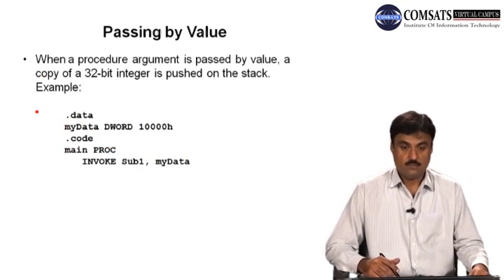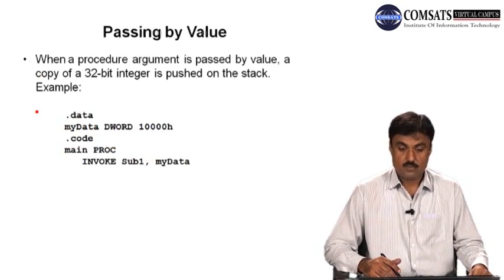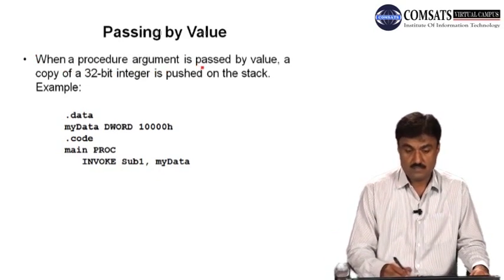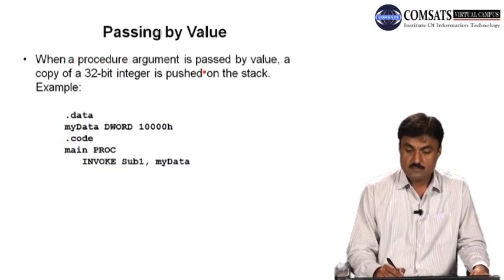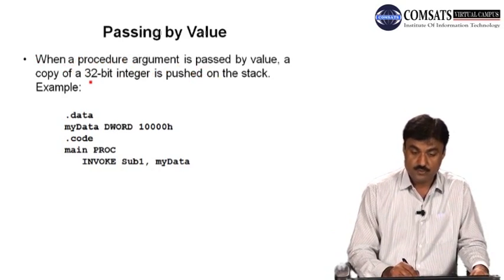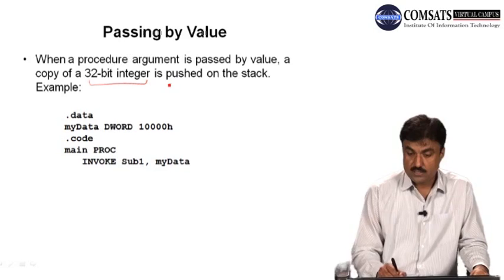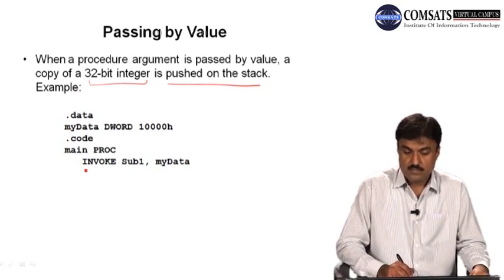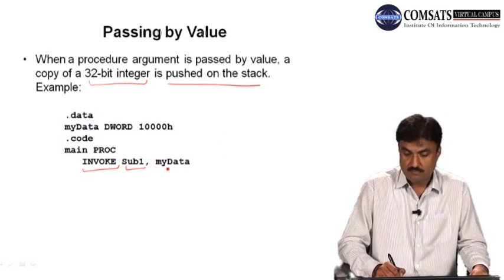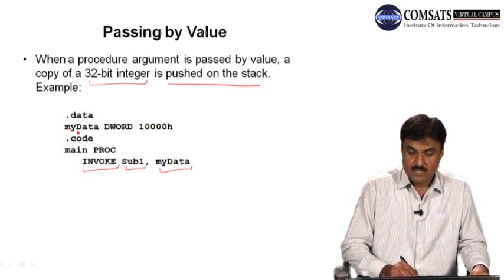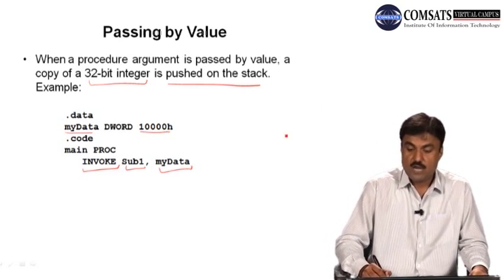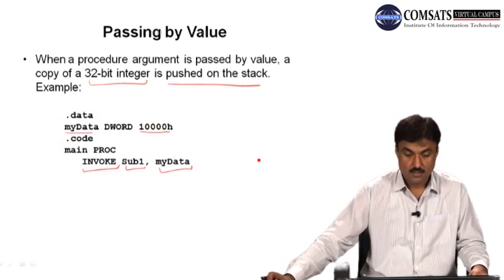And there are two things: argument passing by value, and by reference. When a procedure argument is passed by value, a copy of the 32-bit integer is pushed inside the stack. Now here, if we say INVOKE sub1, my data, so my data is already defined. When we call this INVOKE, a copy is pushed inside the stack.